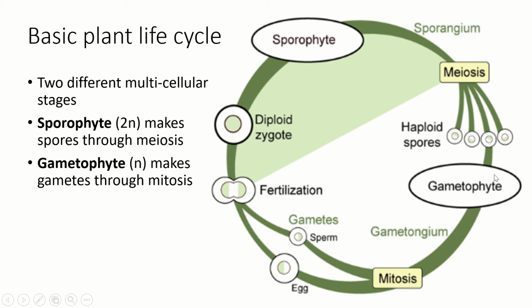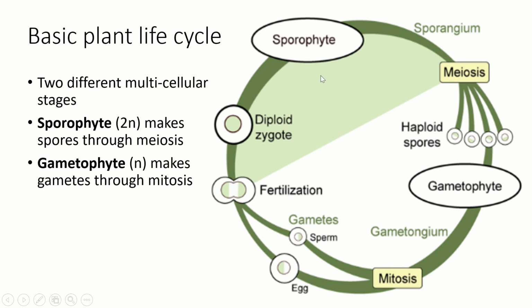And then the gametophyte is going to do mitosis. And at one stage in that mitosis, it's going to produce the gametes, eggs and sperm, not by meiosis, but by mitosis. And then those will fuse to create a zygote that then goes through mitosis to create a new diploid organism.